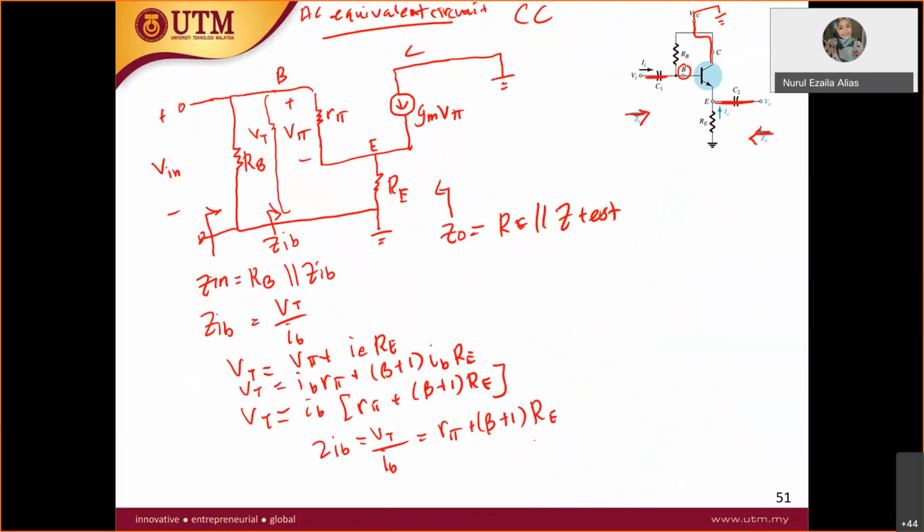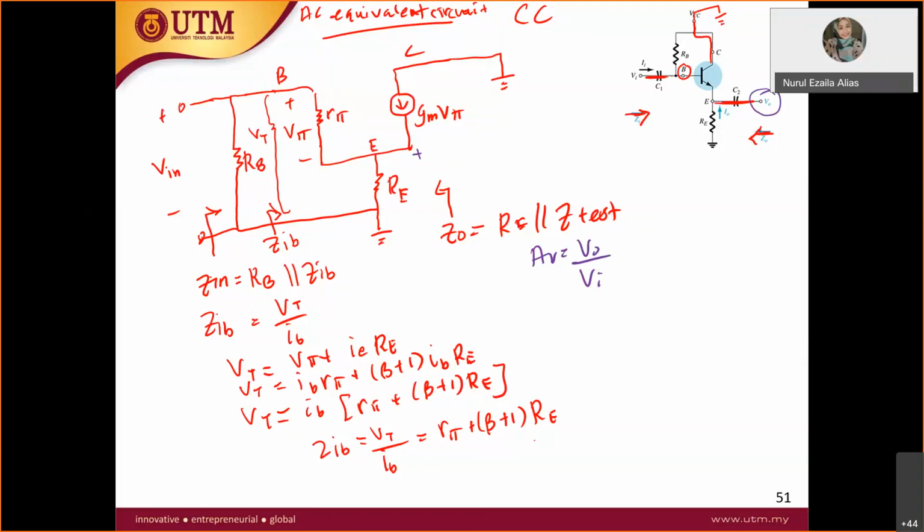So now we just derived the Z in and Z out. Let's take a look at the AV and AVOC. For the AV, I want to use a different color. AV is equal to V out over V in. Where is the V out? As you can see, V out here at that collector. So V out is actually voltage across RE.